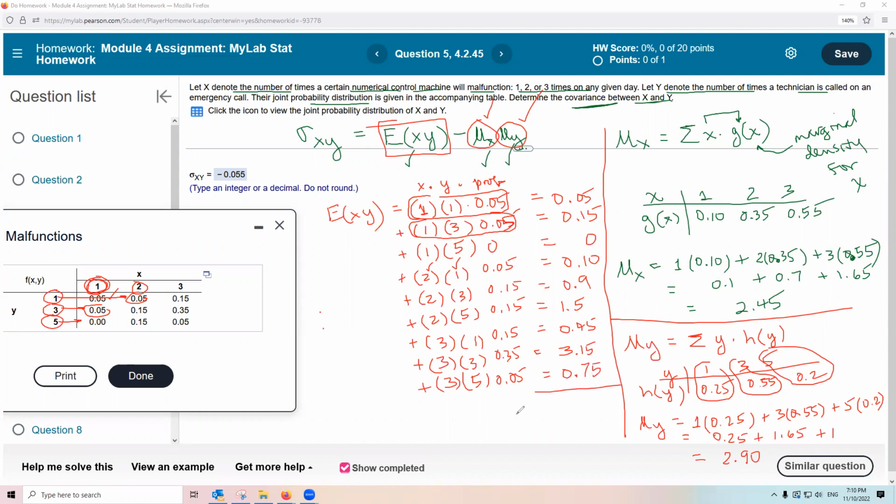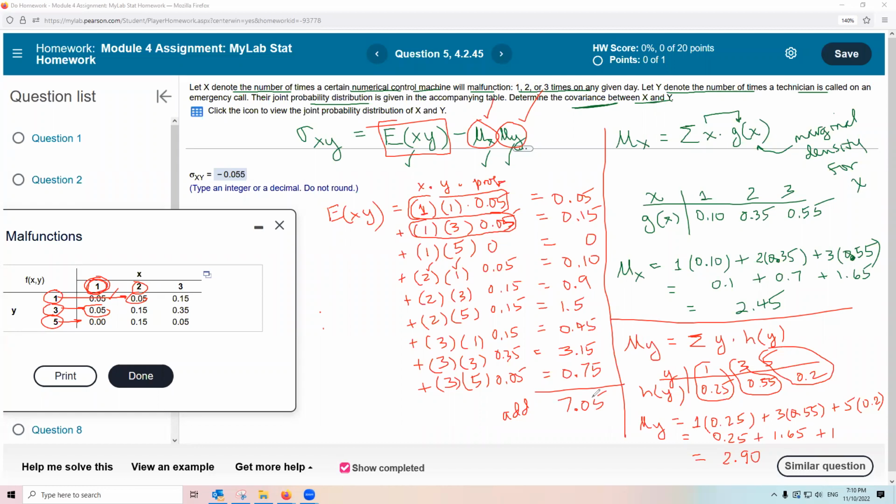Now I'm just going to add these up. And if I add these up, I'm going to do this on a calculator, I think, quickly here. If I add these up, I think it works out to be 7.05.